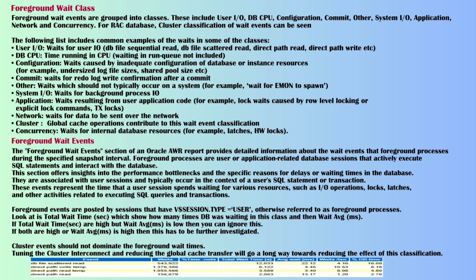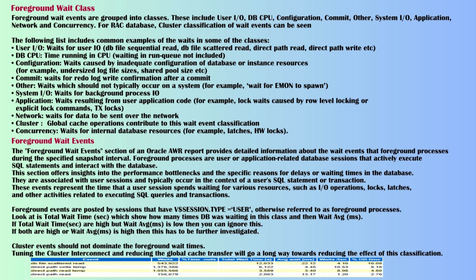They are associated with user sessions and typically occur in the context of a user's SQL statement or transaction. These events represent the time that a user session spends waiting for various resources, such as I/O operations, locks, latches, and other activities related to executing SQL queries and transactions. Foreground events are posted by sessions that have session type equal to user, otherwise referred to as foreground processes.